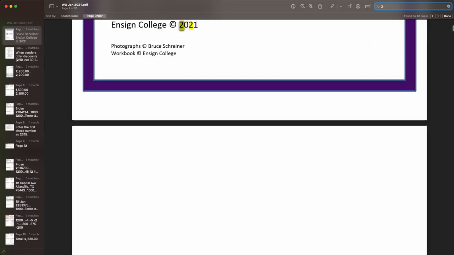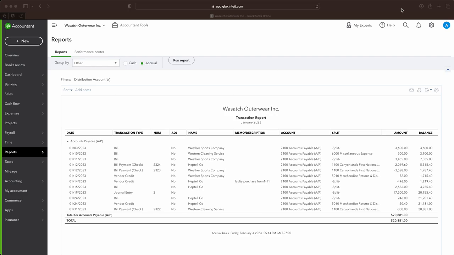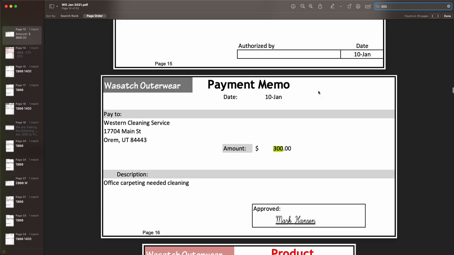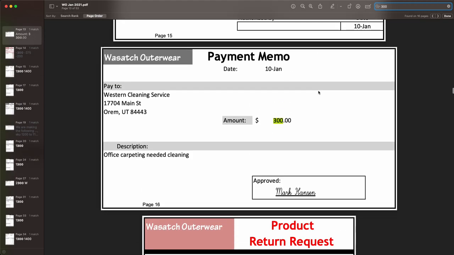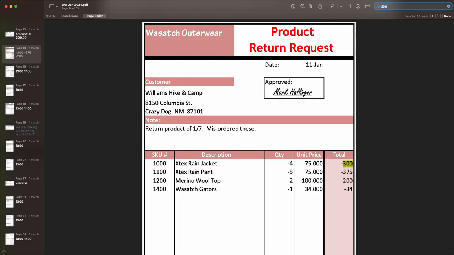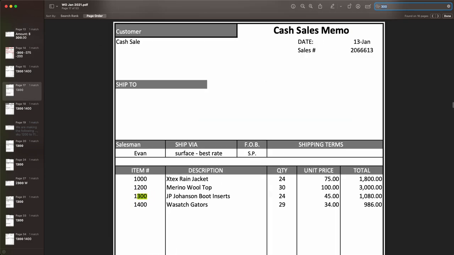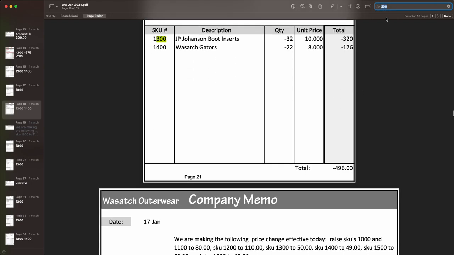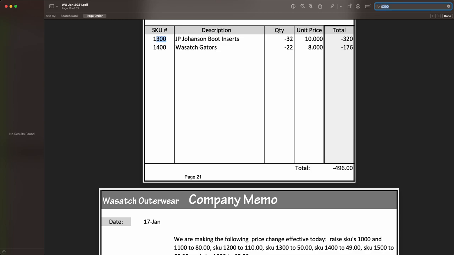Yeah, so sometimes it matters how you search for things. But we have the 3,600, we saw that one. We have the 300, and that's a payment memo. And we refund. Let's see how that doesn't do anything.